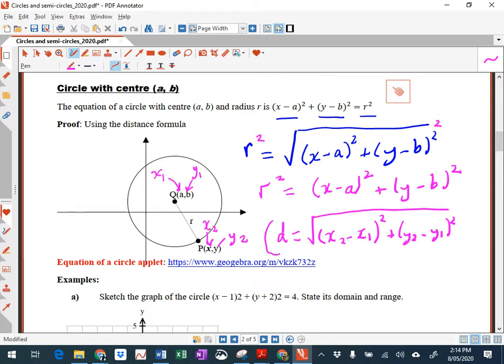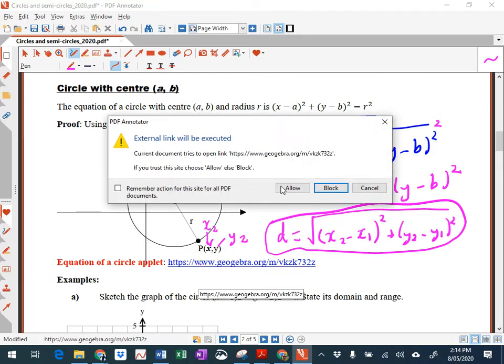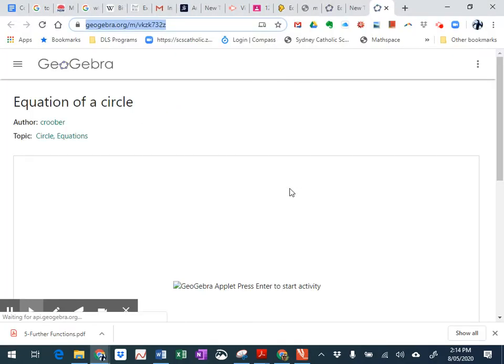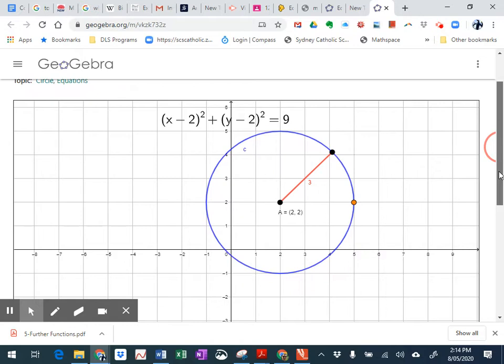All right, this one here. Now, just to show you that in action, let's have a look at a GeoGebra applet. So let's just open that. Have a look.